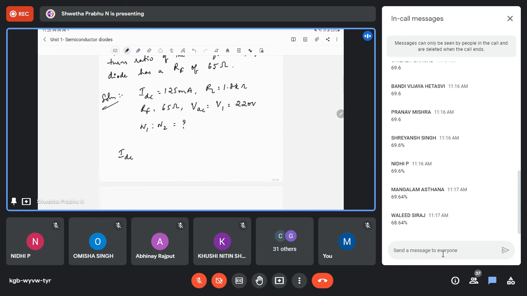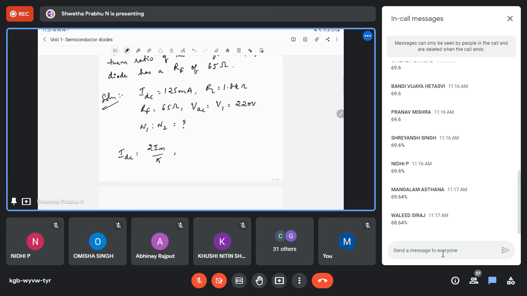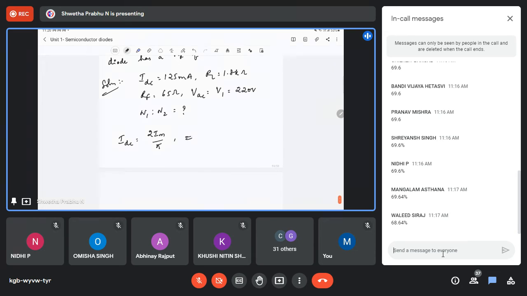So IDC they have given, right? So what is the equation for IDC? 2 Im by pi, right? So use this equation. Find Im. Im is Vm divided by 2 times Rf plus RL.